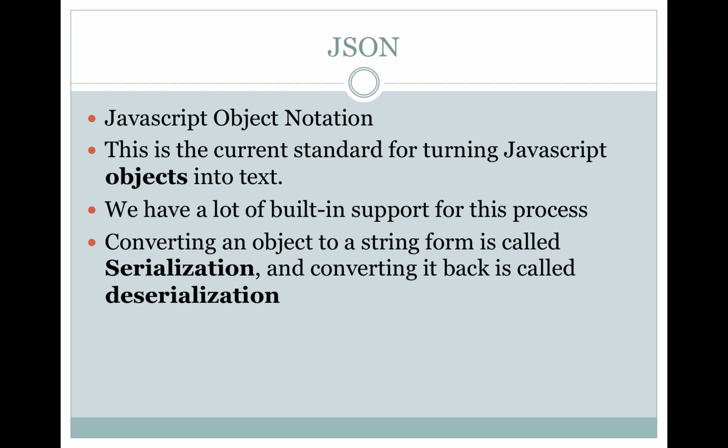It doesn't really matter what it is, there's support for showing it in JSON, which is pretty cool. There's a lot of built-in support for this process. In fact, I think it's a one-liner to take anything in JavaScript and turn it into text for JSON, and one line to take anything that is JSON and turn it back into an actual JavaScript object.